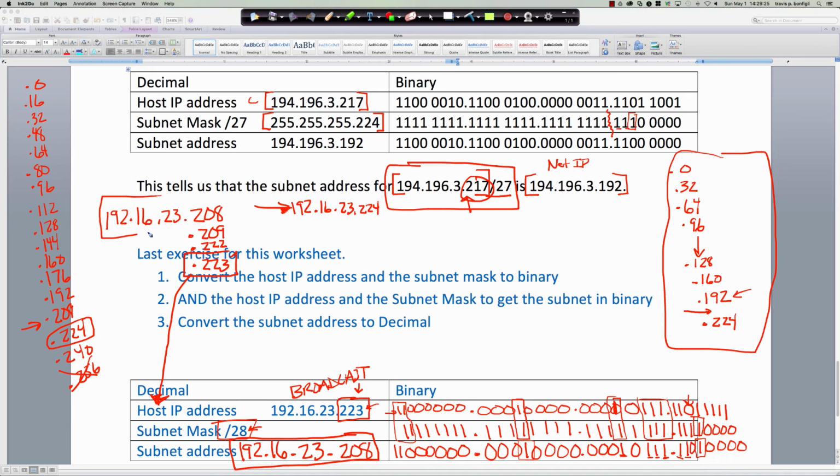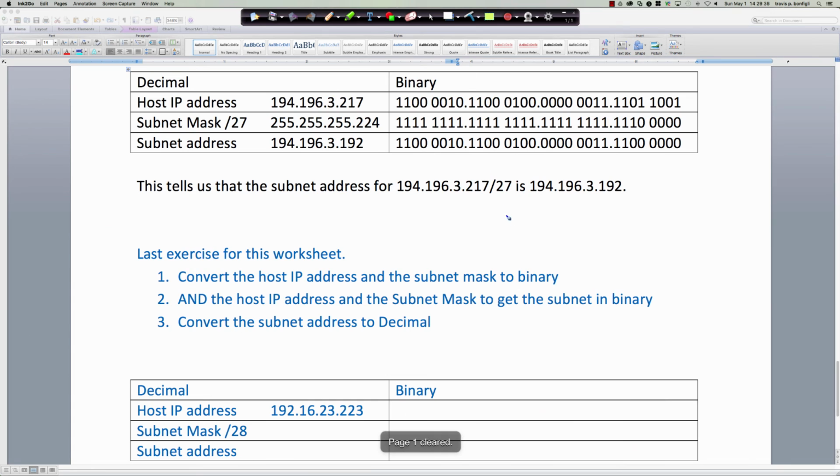So here is the subnet ID we were searching for, and we know that that is going to be the broadcast address. Okay, so let's clear the screen here, and I believe that is everything we've got.